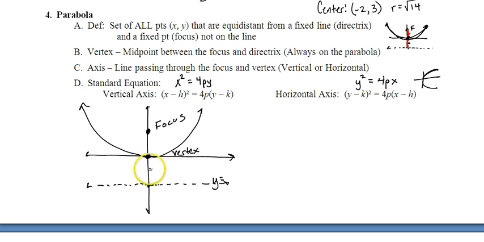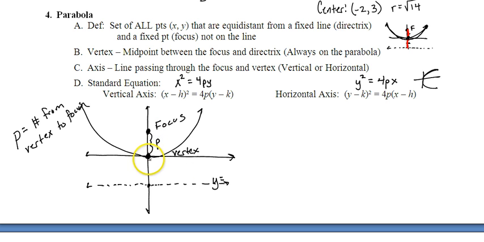But if my parabola is opening down, from my vertex to my focus would be a negative number. So over here on the side, let's write that p is equal to the number, which you could maybe call distance as well, but it's the number from vertex, in that order, to focus. So this is our p-value.